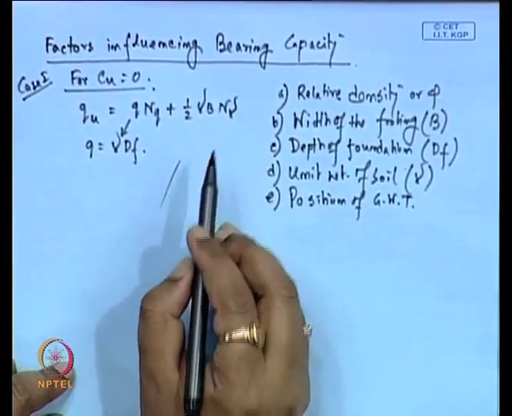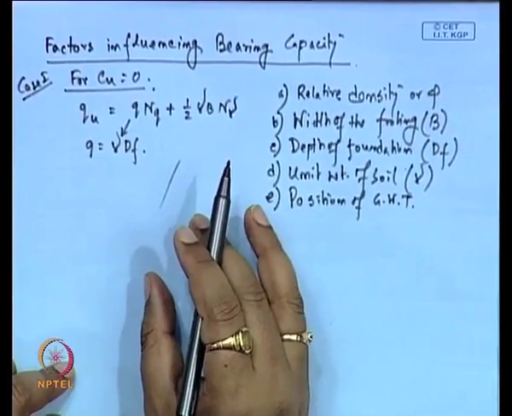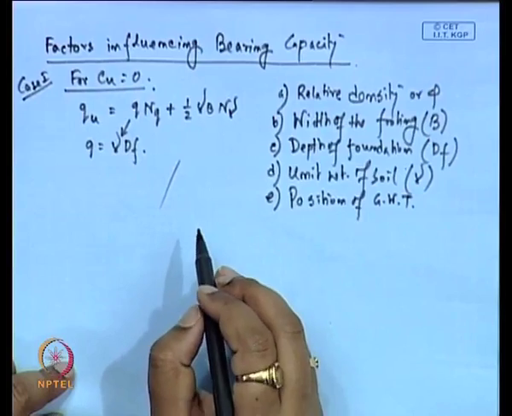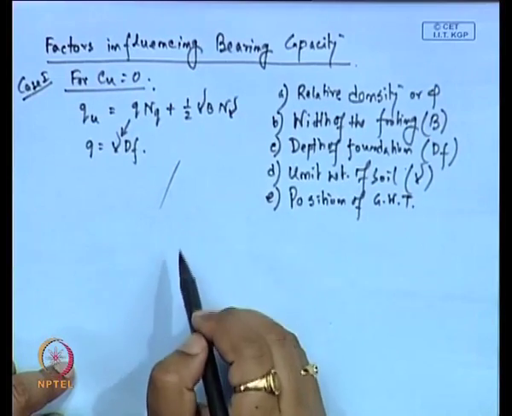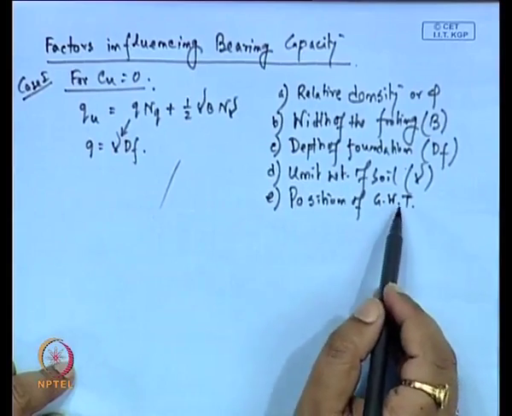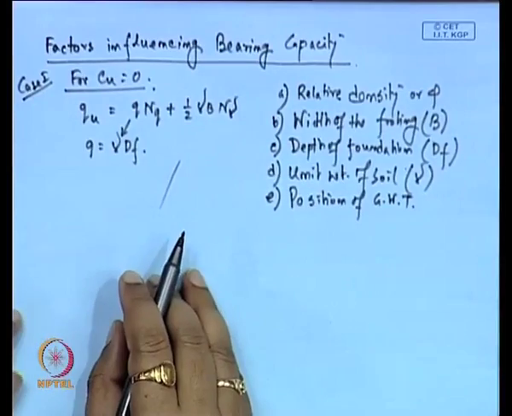So, if the groundwater table is at a depth greater than or equal to the width of the foundation from the base of the footing, then the influence of the groundwater table on bearing capacity is neglected.